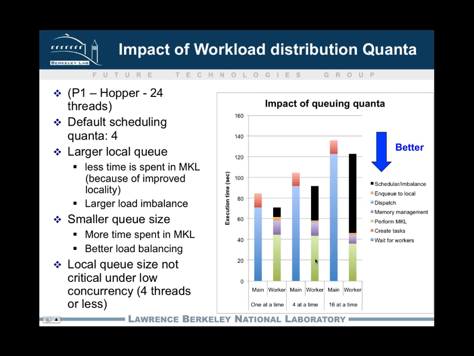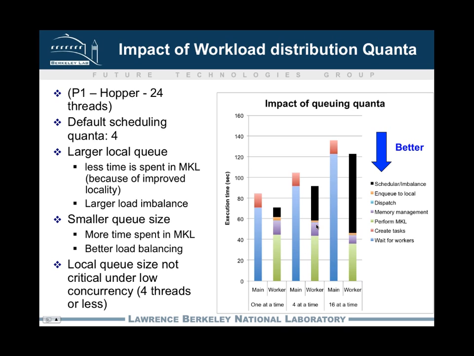What we can observe here is that the green part, which is the time spent in the MKL, gets smaller as we get more tasks at a time. The reason for that is we get more related tasks, so we have a better exploitation of locality. But on the other hand, we have a higher load imbalance, so the total execution time here increases instead of improving the performance.